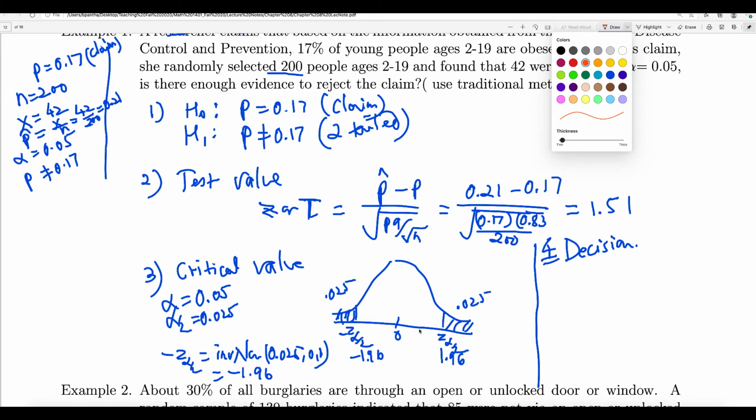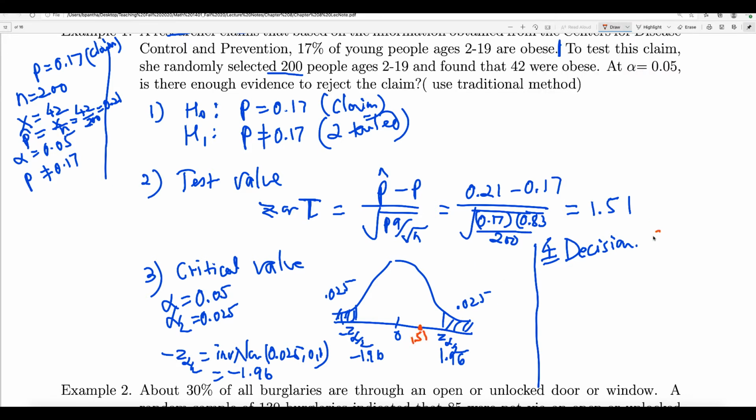But this value will fall somewhere here, right? 1.51. So since the test value does not fall in the shaded region, or you say the test value does not fall in the critical region, I think that is a better way to say it, okay?